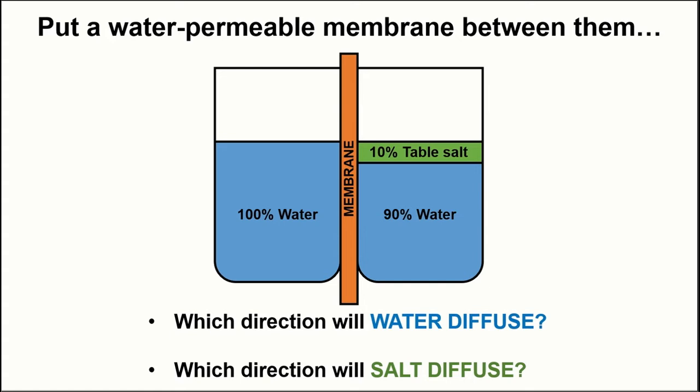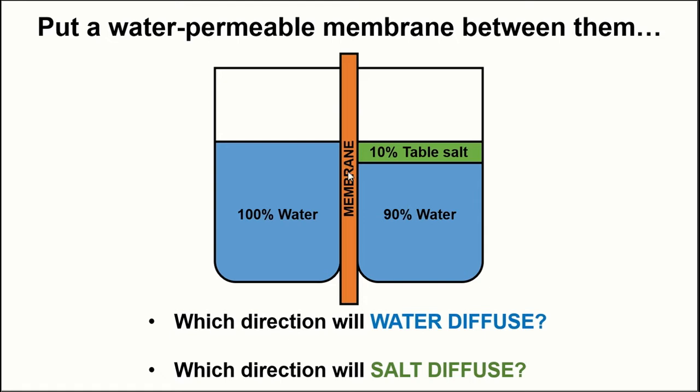Now, I have to apologize because this is a little bit of a trick question. You want to note the limits of our membrane here. This is a water permeable membrane, and that means that only water can move across this membrane. So that means that water will diffuse across the membrane, but salt is going to stay put.